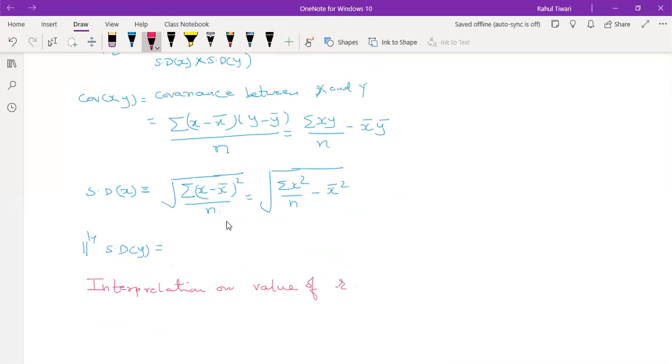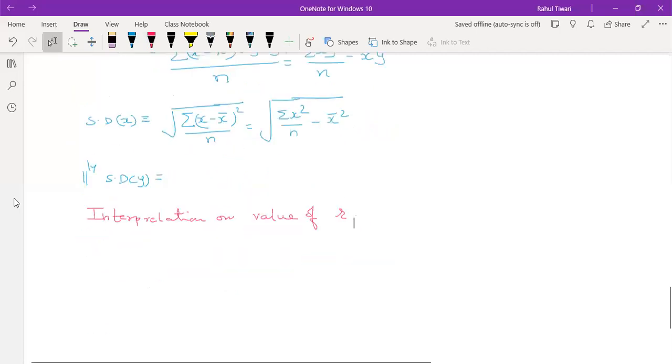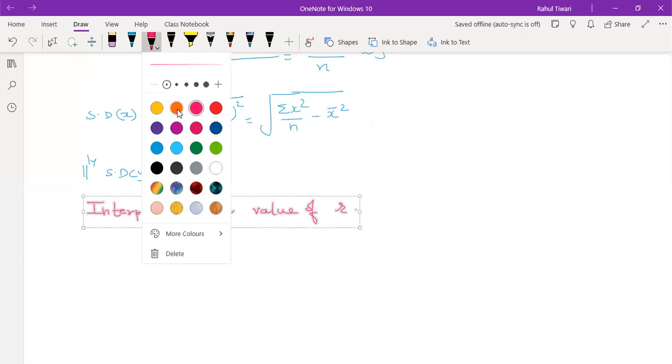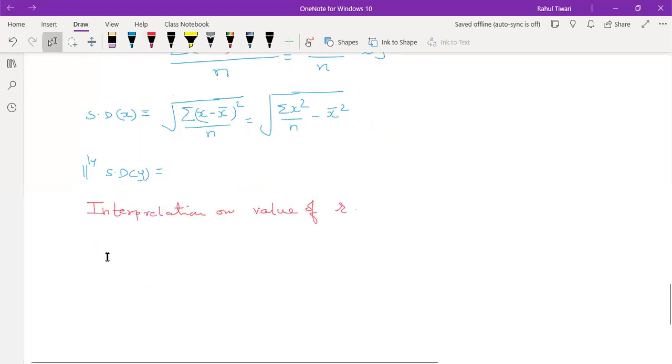If I calculate the value of r, what should be its interpretation? Let's start with negative numbers.